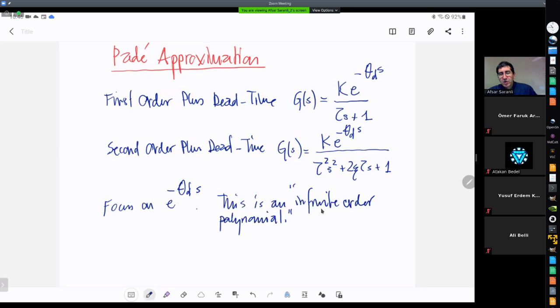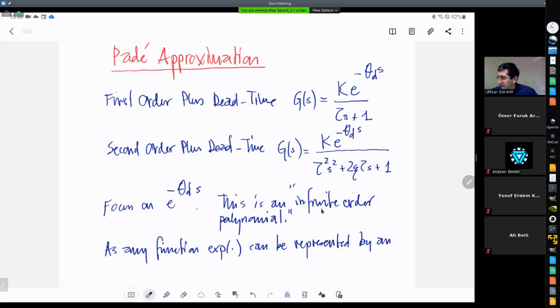The reason being the exponential function, similar to any function, can actually be represented by a Taylor series expansion of infinite number of terms. Okay, as any function, the exponential function can be represented by an infinite series.